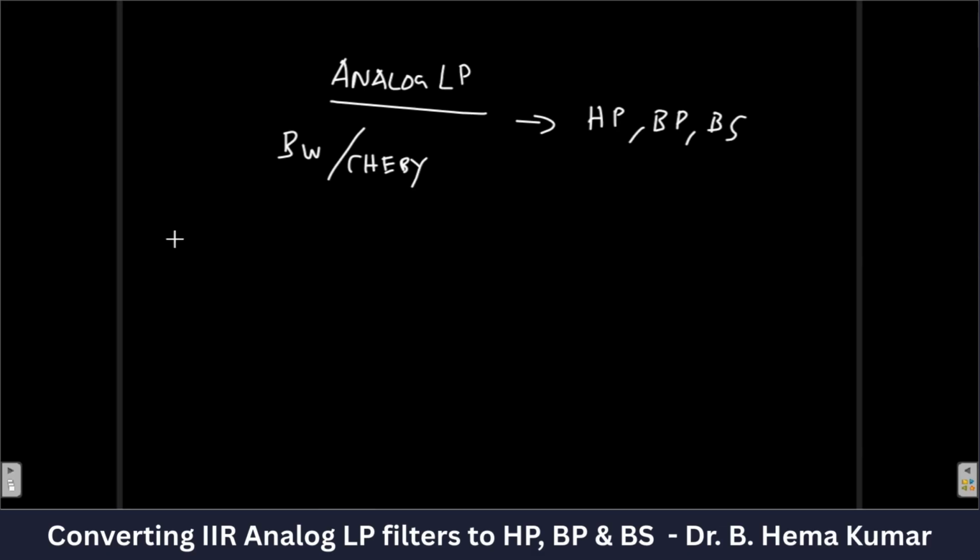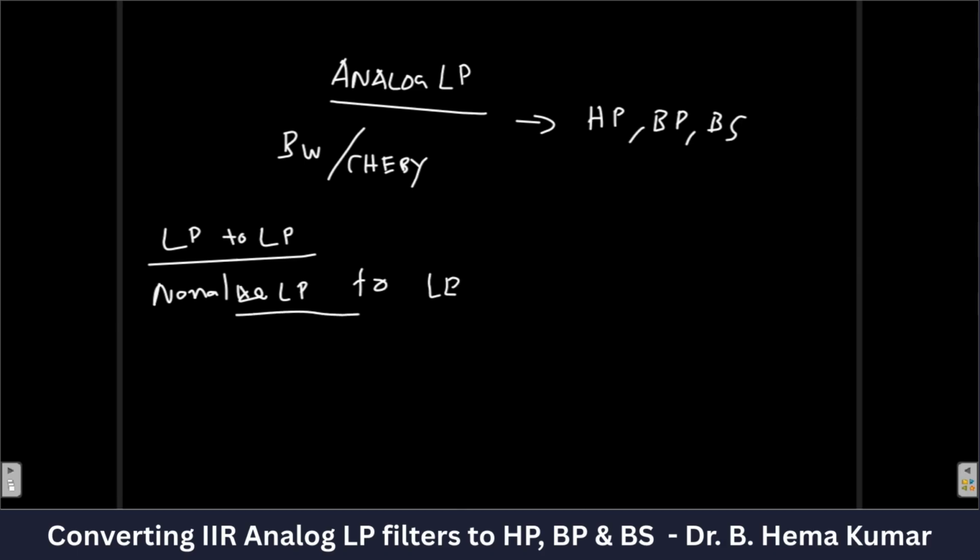Fundamentally, we know how to convert a low pass to a low pass. What I mean by low pass to low pass is a normalized low pass to an actual low pass. In our Butterworth design we will be doing this.